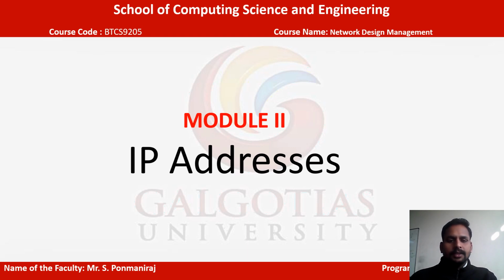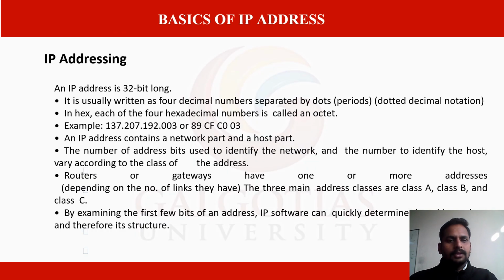Okay, right. Let me move on to the class, then we will explain all the things. As we know, an IP address is 32 bits long, and this 32-bit information can be notated in two different formats, either decimal notation or binary notation.